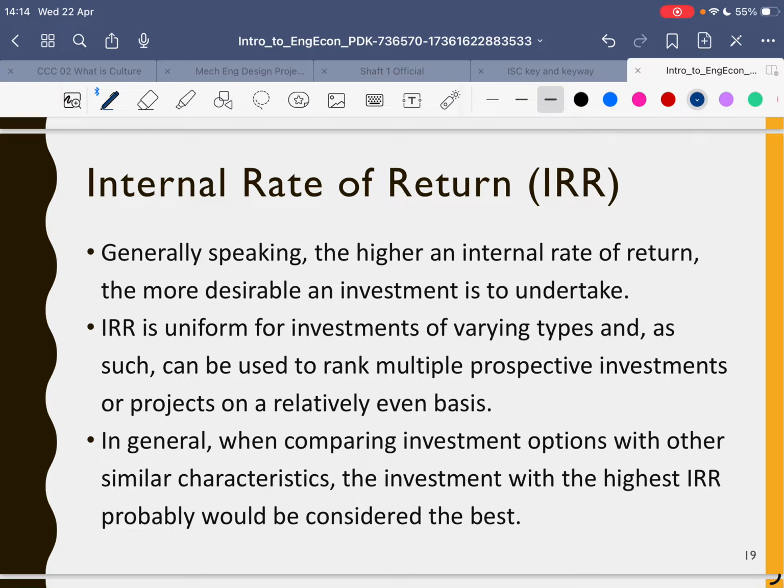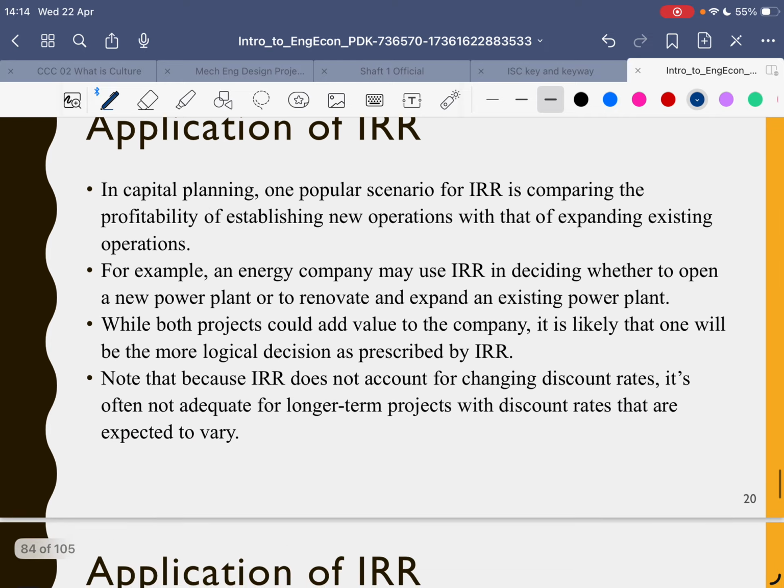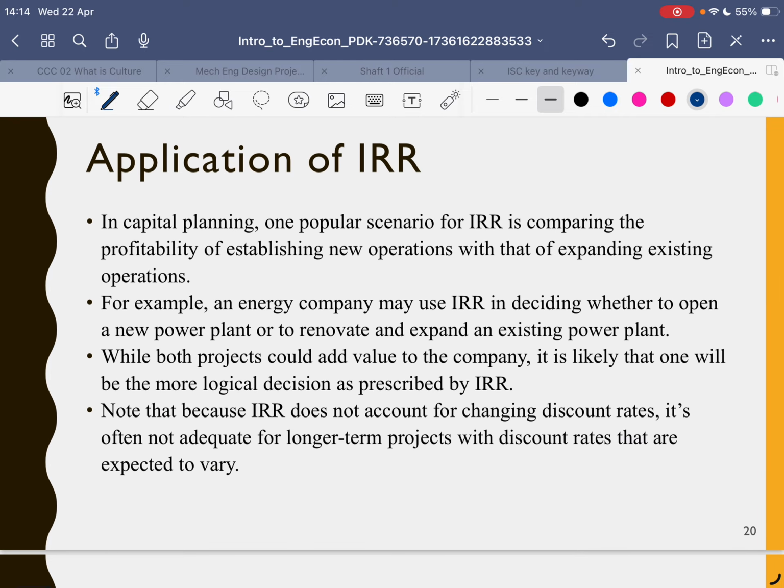Individuals can use IRR when making financial decisions, for instance, when evaluating different insurance policies using the premium and death benefit. The general consensus is that policies that have the same premium and a higher IRR are much more desirable. So that's an example that I use every year. When you are working, you might need to buy health insurance or death insurance.